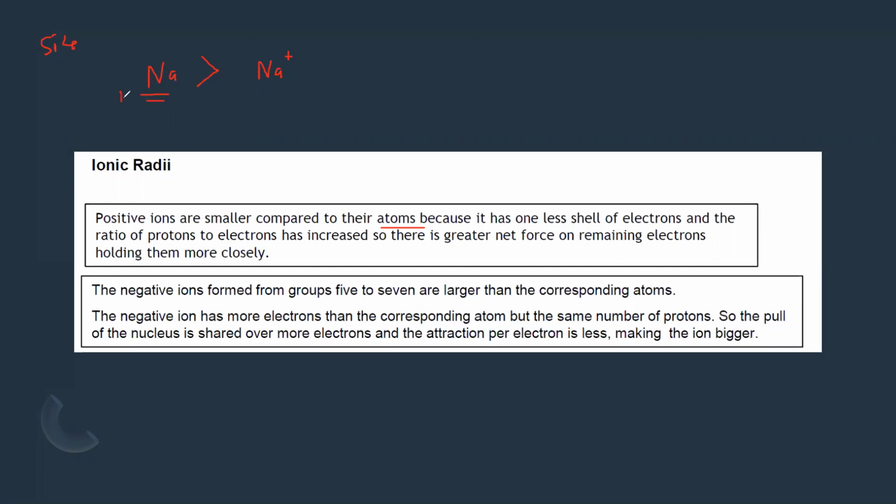Because in the sodium atom, we have a nucleus of sodium. First shell 2 electrons, second shell 8 electrons, third shell 1 electron.